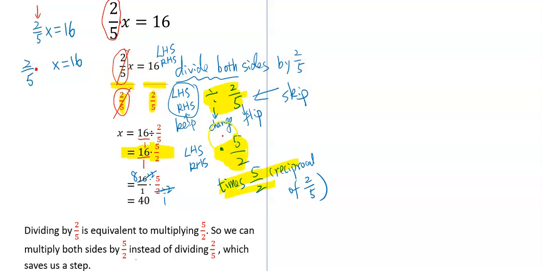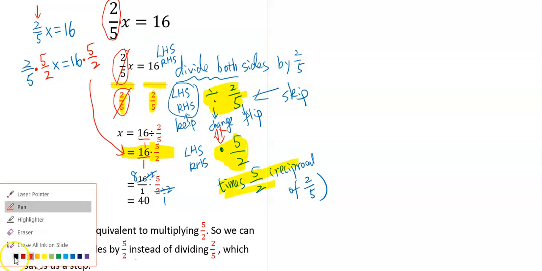We're going to do times because they're equivalent, but not times this same number. It's times the reciprocal, which means you flip the top and the bottom. And whatever we do to the left, we must do the same thing to the right hand side. So we're going to times 5/2. Notice this step matches 16 times 5/2, because we skipped the division step. Why? Because division is equivalent to multiplying by the reciprocal. And so that's a shortcut.